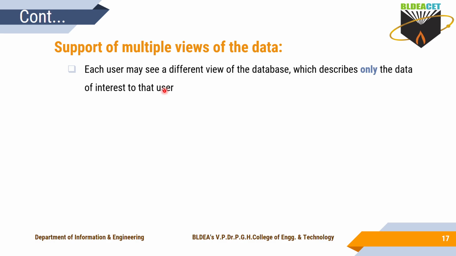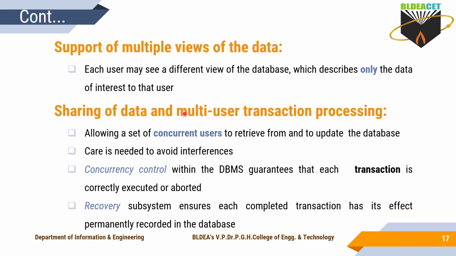But in the database, all 5 pieces of information are stored: name, USN, address, SEM and date of birth. But I, the student, want to view only the name and USN. Yes, you can view only those 2 data. That is what you call multiple views of the database. The database may contain a lot of data, but what the user actually wants to view, only that specific view you can see here. That is what you call multiple views.